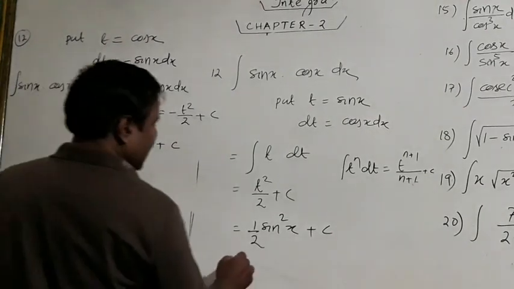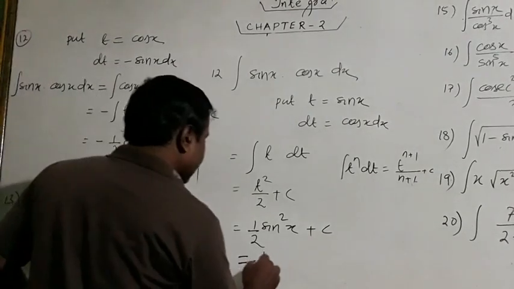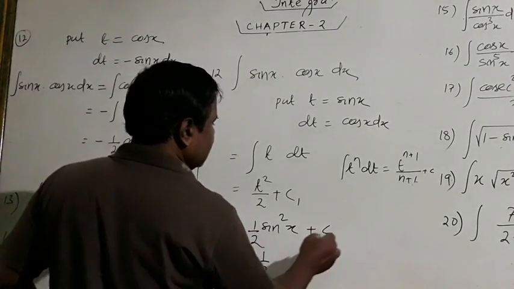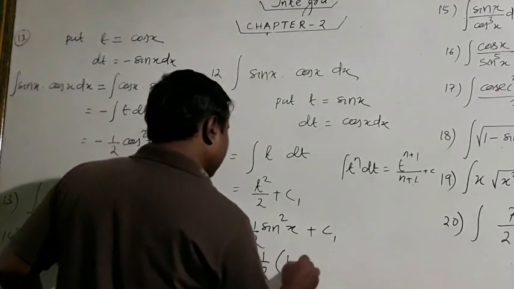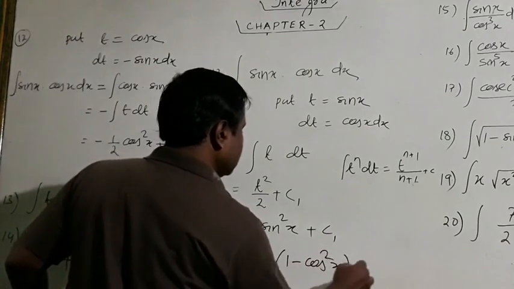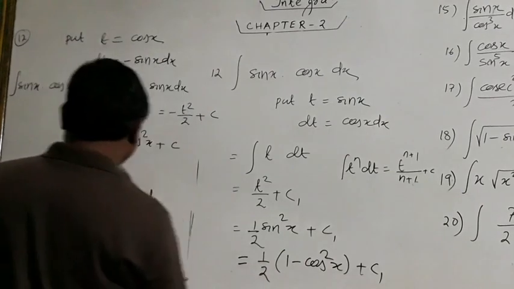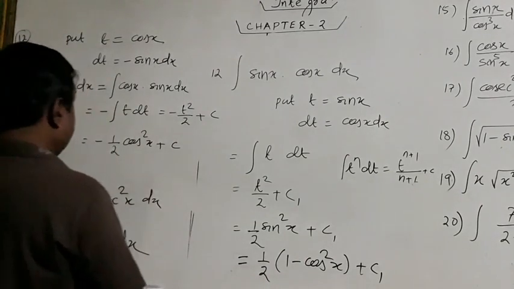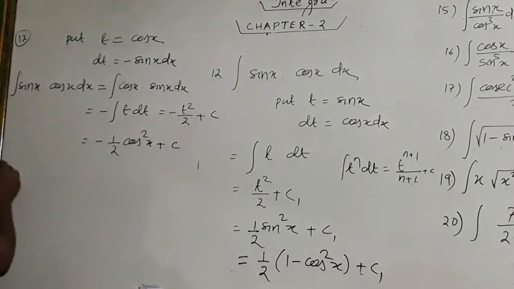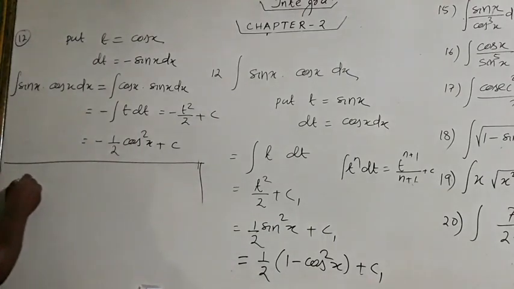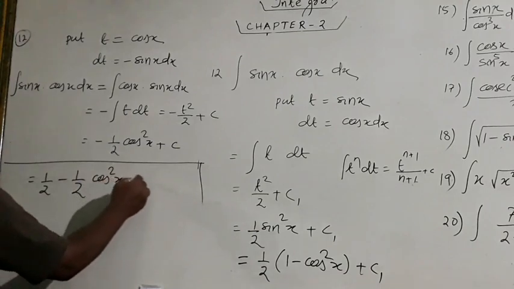Look at here. The answers are not different. They are equal. How? Now taking common, suppose I am taking this as C1, then look at here what will happen. It becomes 1 minus cos square x plus C1, and when I open it, it becomes 1 by 2 minus 1 by 2 cos square x plus C1.